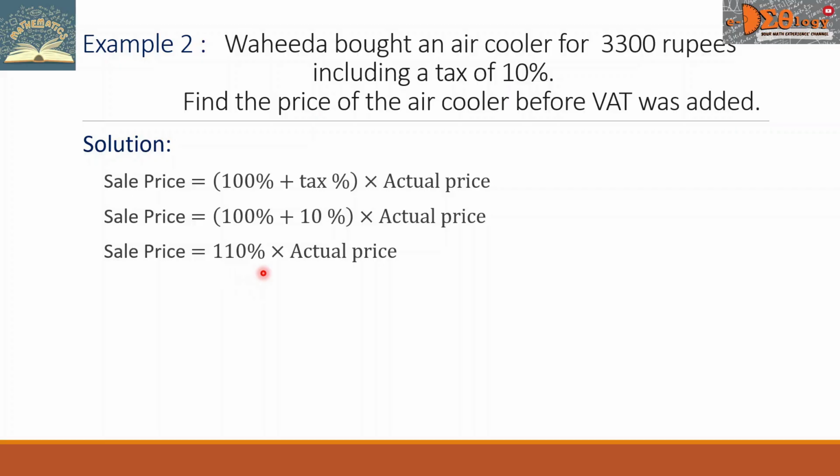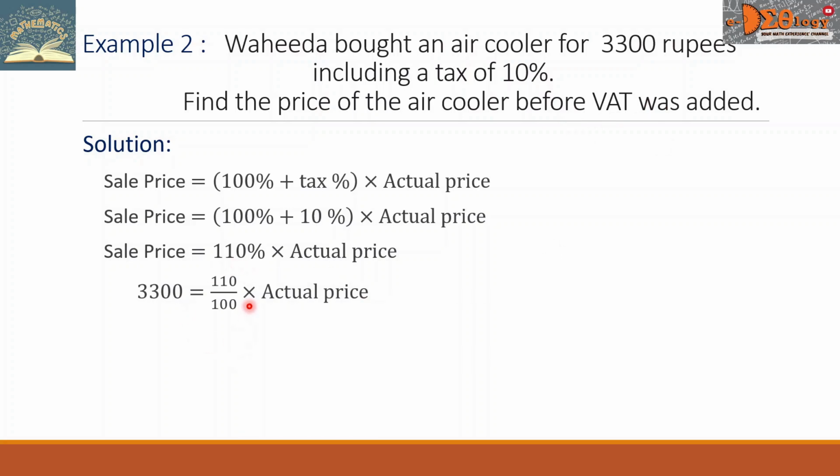Now let us substitute the values for the sale price. Also, let us show this 110% as a fraction. So we have 3,300 equals 110 over 100 times the actual price. The problem requires us to know the actual price before the VAT.